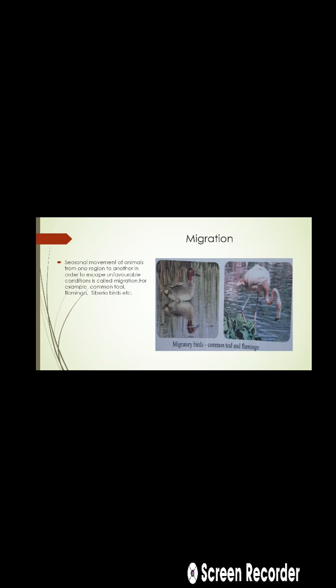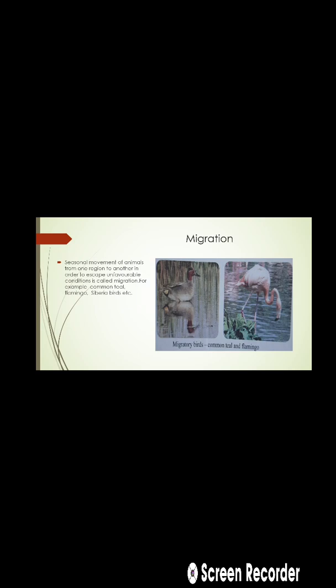A few examples show migration. Dragonflies migrate to the southern part of Asia during the winter season. Monarch butterflies, which are native to North America, migrate to southern parts of California to spend the winter season.